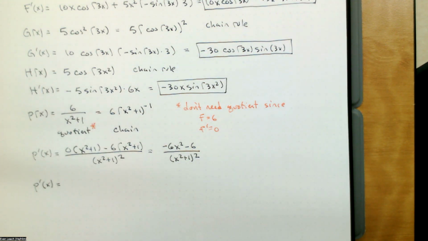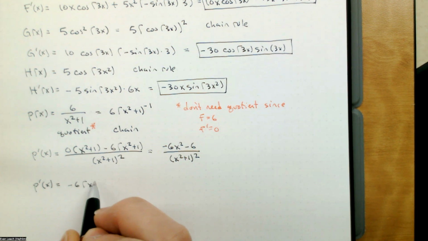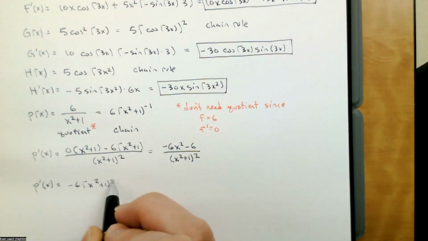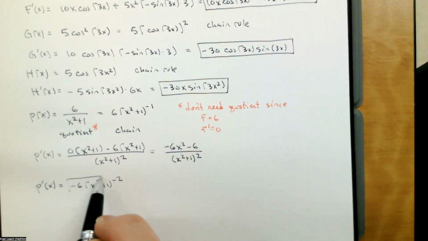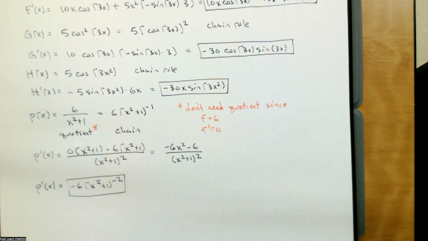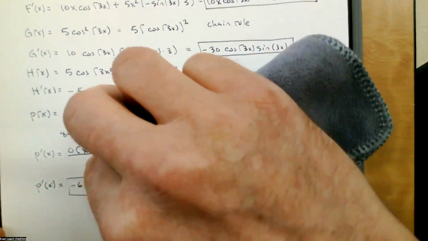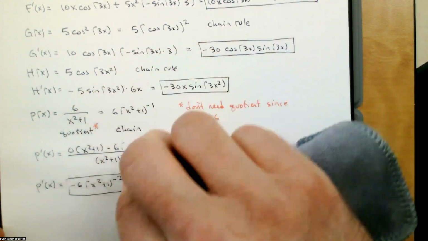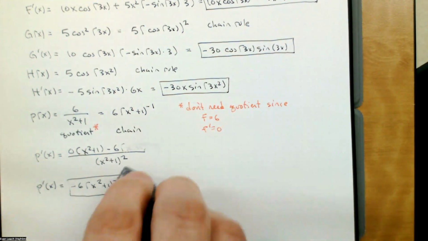Reading the problem as a chain rule problem, we would just say minus 6 times x squared plus 1 to the negative 2. I didn't write the derivative at the bottom, and I let being distracted by that make me do the second part wrong.